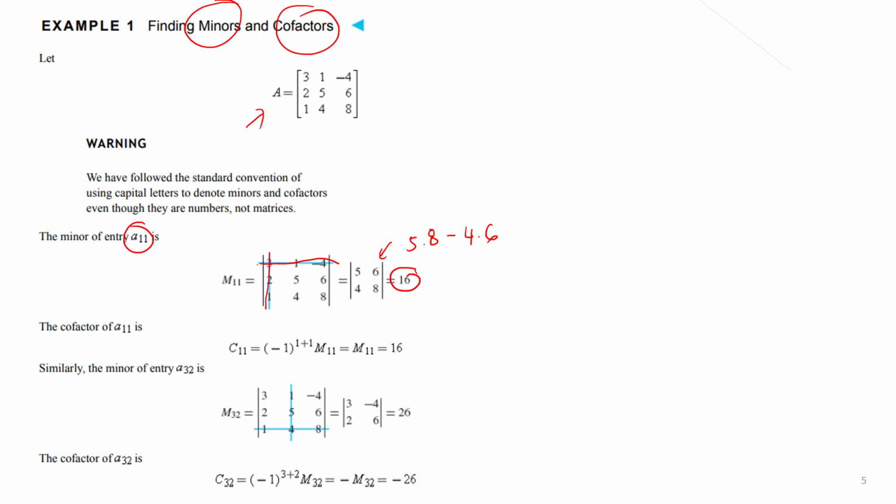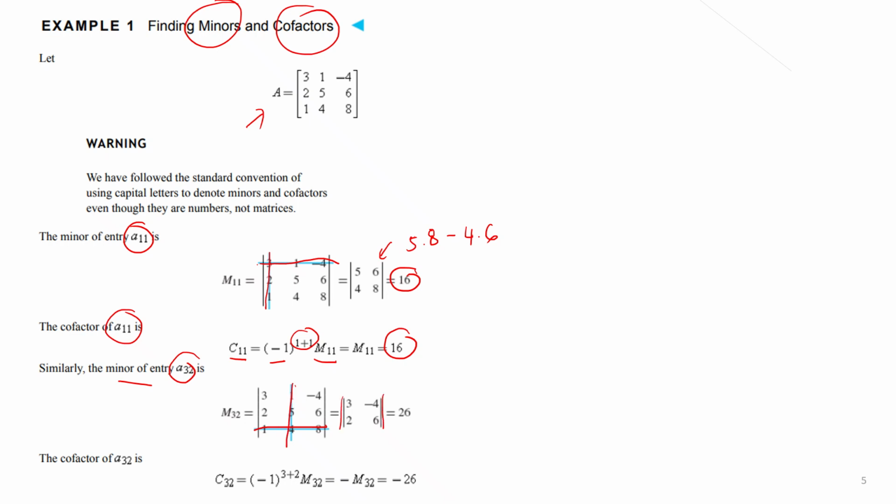What about the cofactor of it? So C11 will be minus 1 to the power of 2 multiplied by minor 1, 1, so it's still 16. Now, try to calculate another one. What would be the minor of M32? You delete row number 3 and column number 2, so you want to calculate this one.